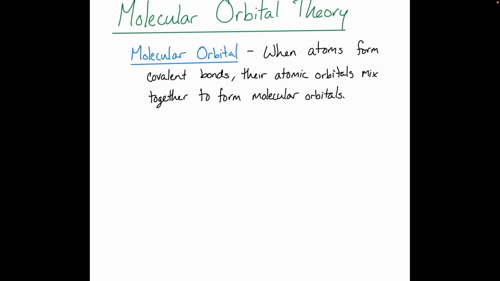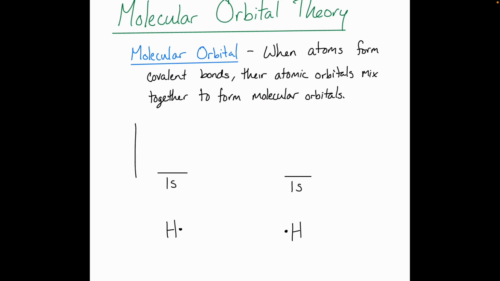We're going to take two hydrogen atoms. Right? And at first we're going to keep them separate. Remember, each hydrogen atom has one electron that lives in a 1s orbital. So I'm going to make this little diagram here of my two separate hydrogen atoms, each containing a 1s orbital.